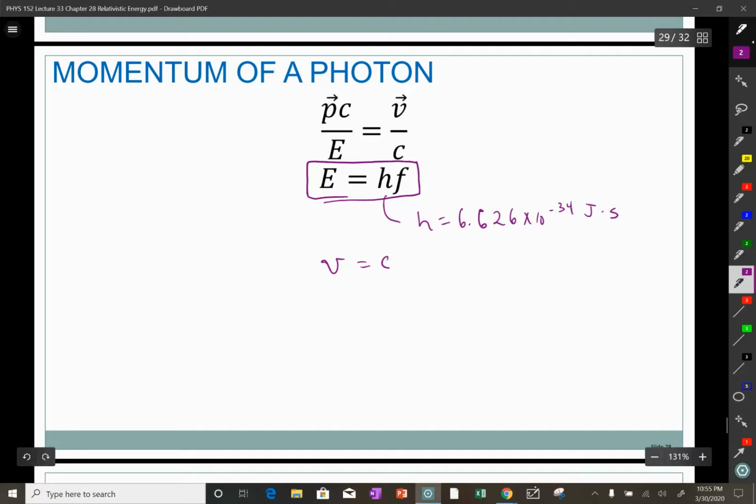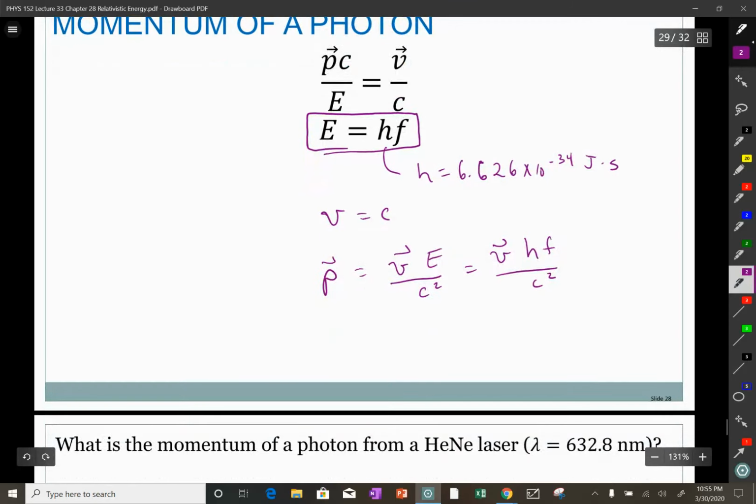So if I take these two relationships and put them into the equation above to calculate momentum, momentum will be equal to v times the total energy over c squared. If I put in my equation for energy, now this is written as a vector equation, let's drop the vector sign.